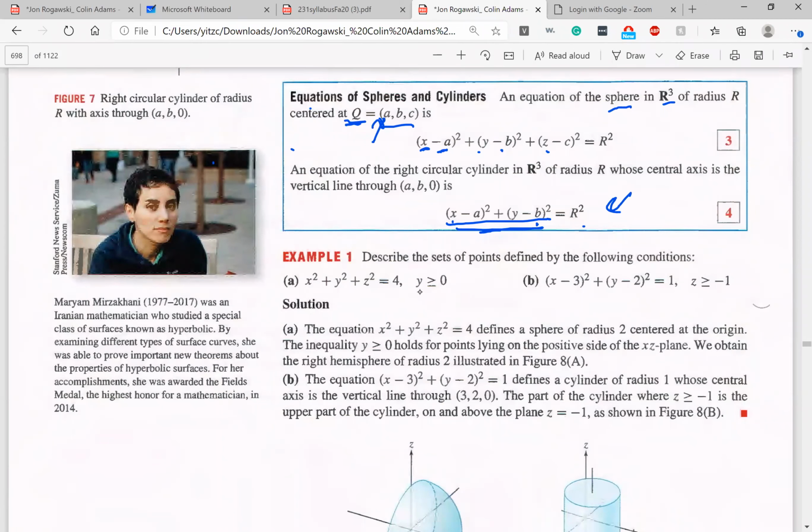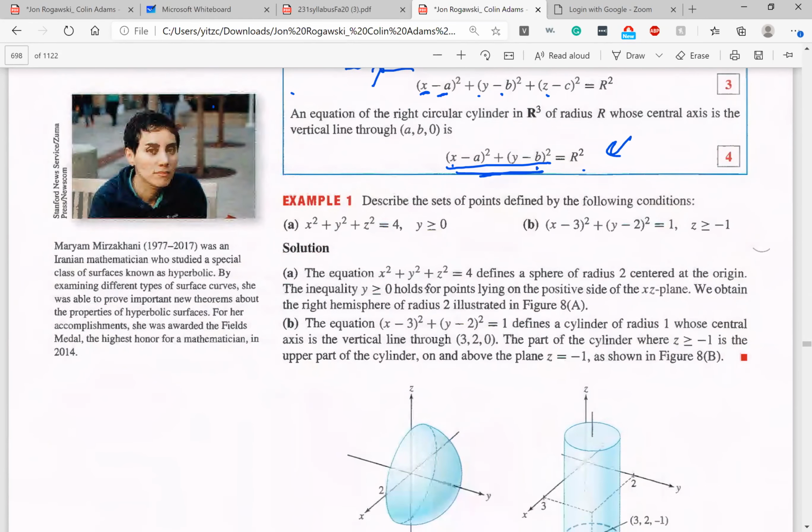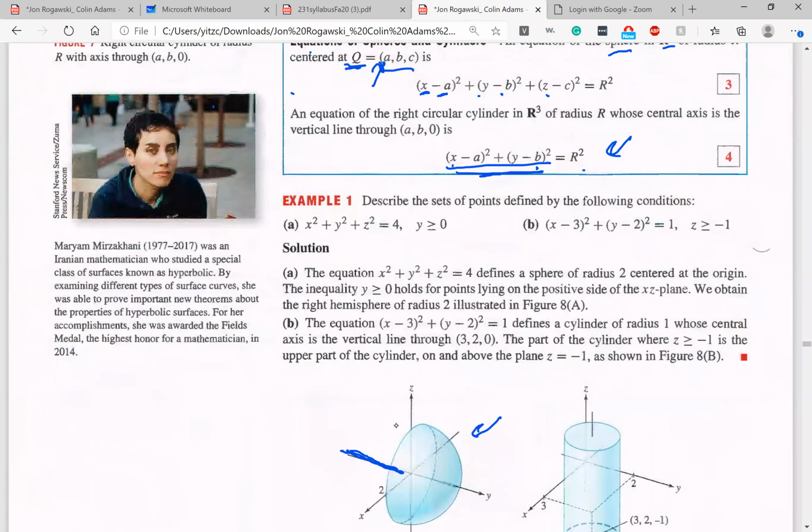And then they want y to be positive. So that means the negative y direction over here we just cut out, and we're left with this half hemisphere. So that's the answer for the first part, A.